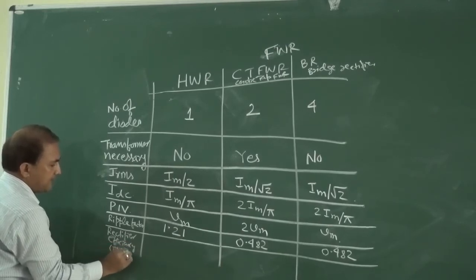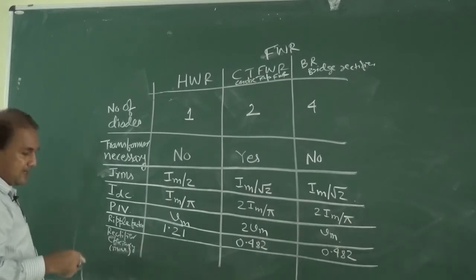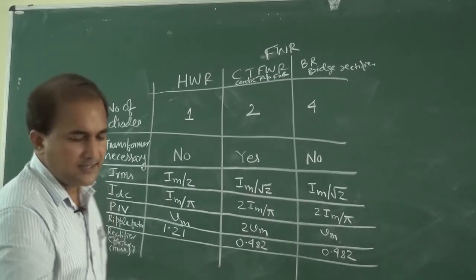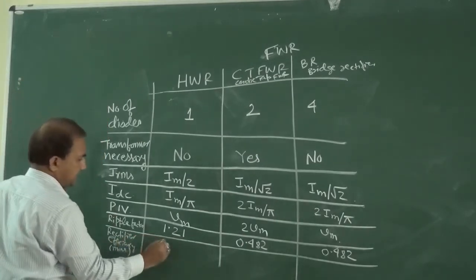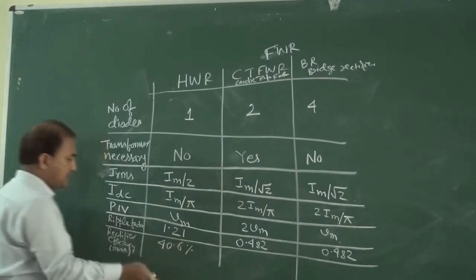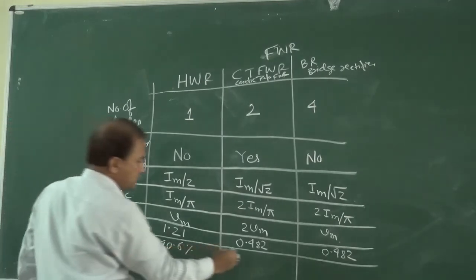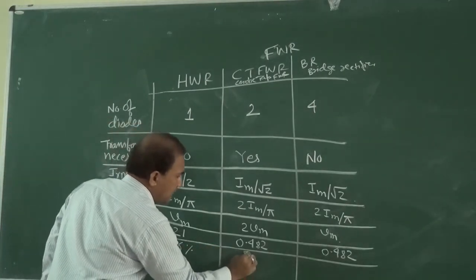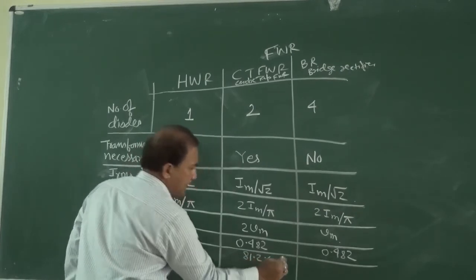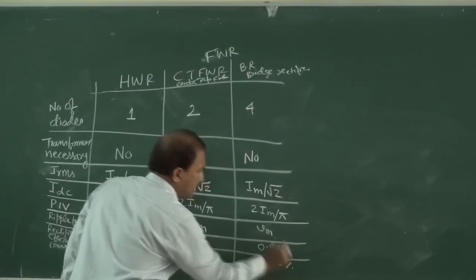In case of half wave rectifier, it is 40.6%. This is the maximum rectifier efficiency. Again, it is 2 times, so it is 81.2%. Here again it is 2 times as compared to half wave rectifier.